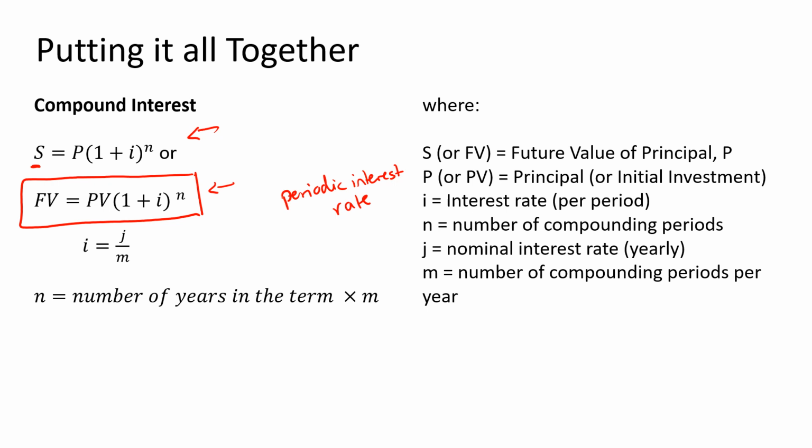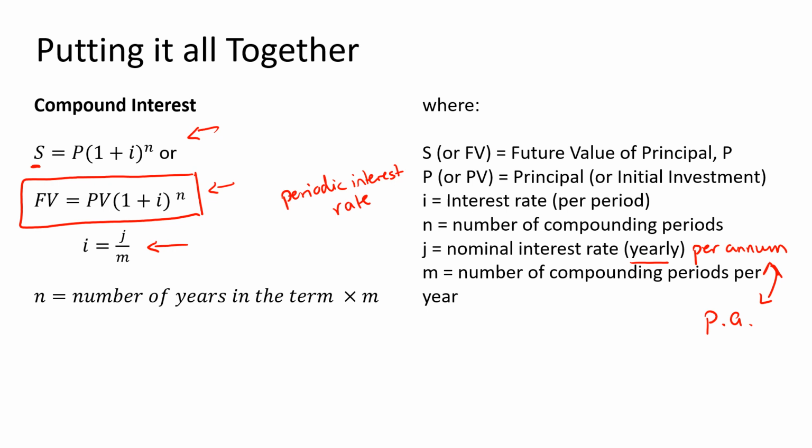The last item that we'll talk about here is our periodic interest rate. If you remember, that's equal to your nominal interest rate, which is normally given yearly. You might often see it as per annum in a question, or P.A., which is just the short form for per annum. So that's equal to, again, your nominal interest rate divided by your number of compounding periods per year.